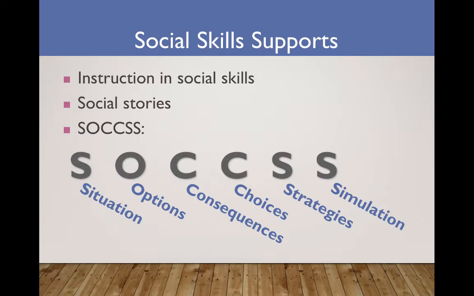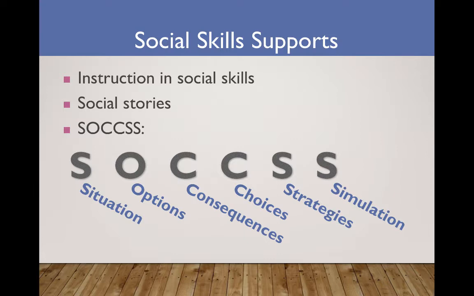One child we made a social story on recently to help him to successfully move from the school to his bus after school because he was having behavior problems in between. So we want to remember this acronym if possible. I'm not sure how to pronounce it. SOCSIS. Situation, options, consequences, choices, strategies, and simulations.